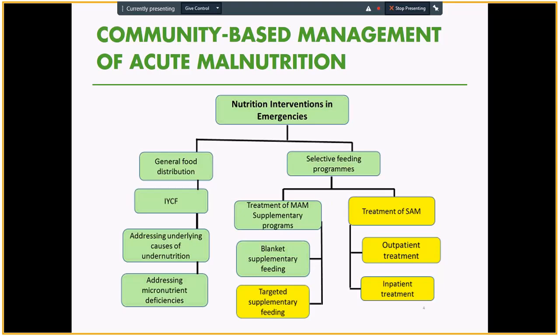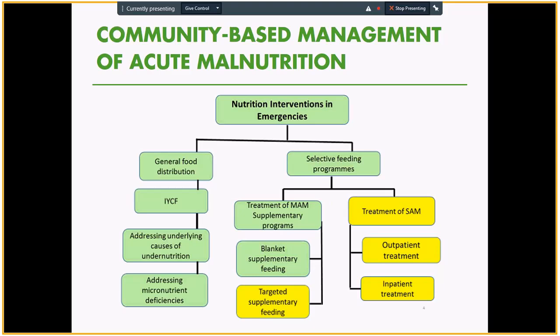Hopefully Alexandra will be doing a nutrition series periodically, a really good nutrition series, which talks through what CMAN is and how it's implemented. But essentially, it's the treatment of acute malnutrition in children in different contexts. It's the yellow boxes highlighted here.